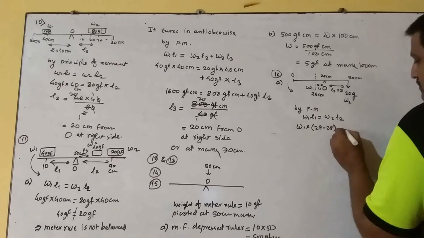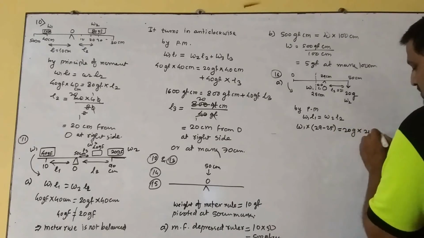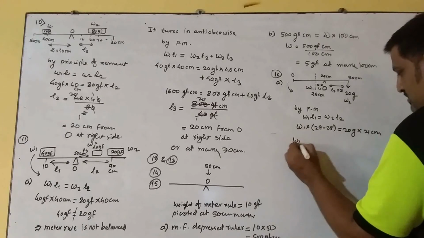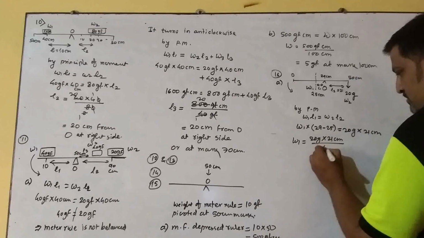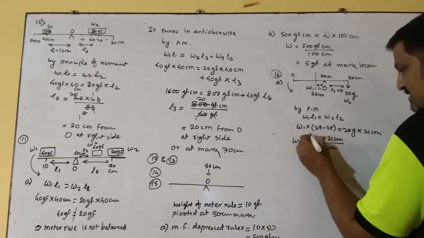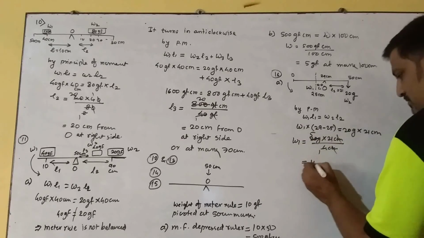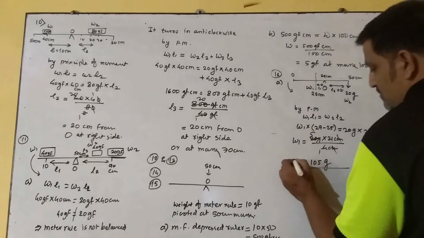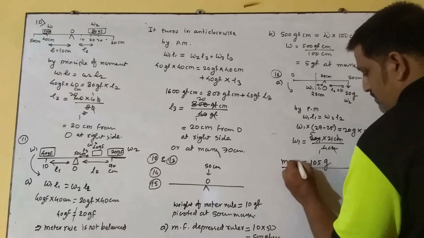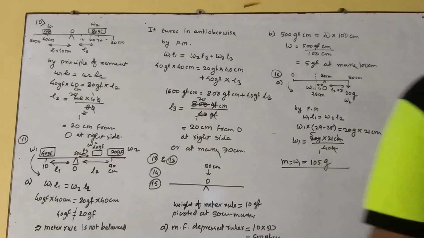And W2 is 20 gram multiplied by 21 centimeter. So W1 is equal to 20 gram into 21 centimeter divided by 4 centimeter. Centimeter gets cancelled. 5 times 21 is 105 gram. This is the mass of the ruler. So this question is over.